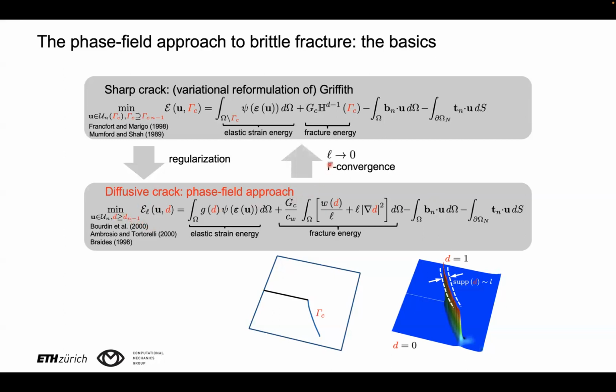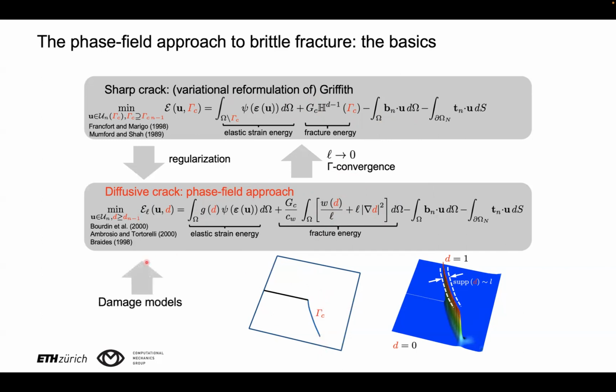Now, it has been shown through very nice mathematical tools, in particular gamma convergence, that if l tends to 0, the minima and the minimizers, under some assumptions that I don't have time to talk about, of the regularized problem converge to those of the variational reformulation of Griffith. And intuitively, you can see that as l tends to 0, we become closer and closer to the original sharp crack condition.